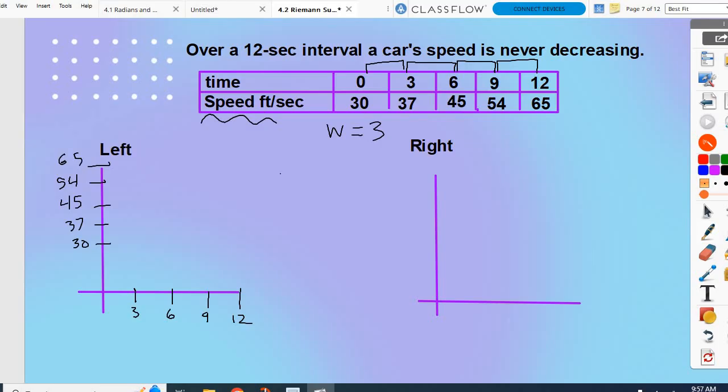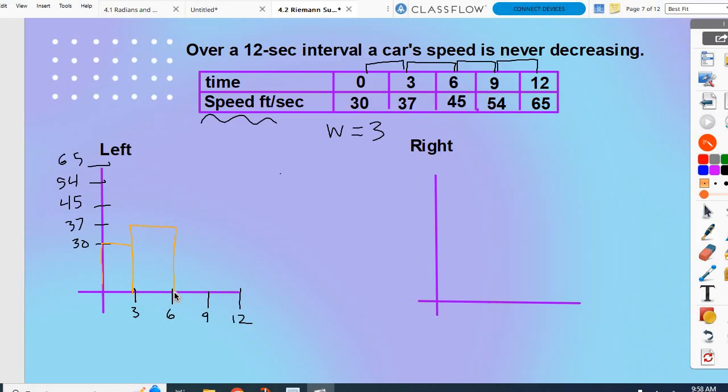So that means that the height of my first rectangle is going to be 30. Okay. So then my second interval is from 3 to 6. So on that one, what's my left endpoint? The 3. And what's our y value for that? The 37.